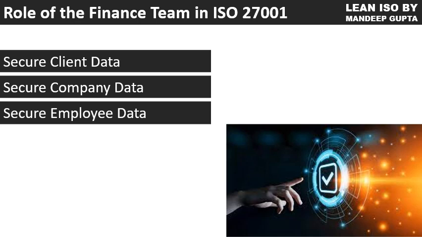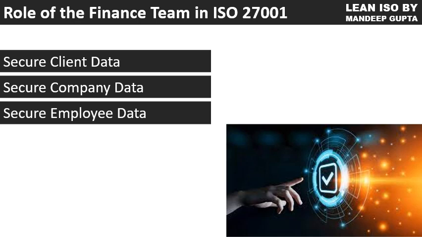We use physical access control to the room in which the finance team sits. So there are a lot of methods in which we can secure the data. They need to make sure they are securing all these three types of data. Plus, in case anything else is left, they should secure the complete data of the organization.